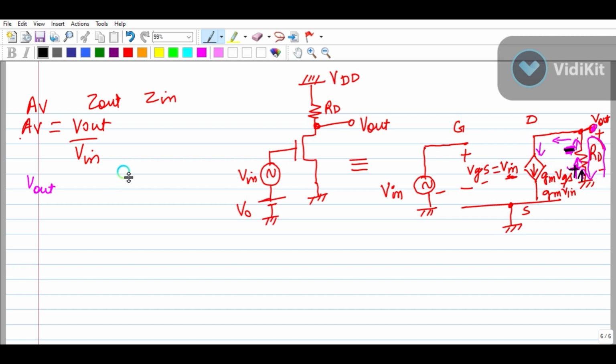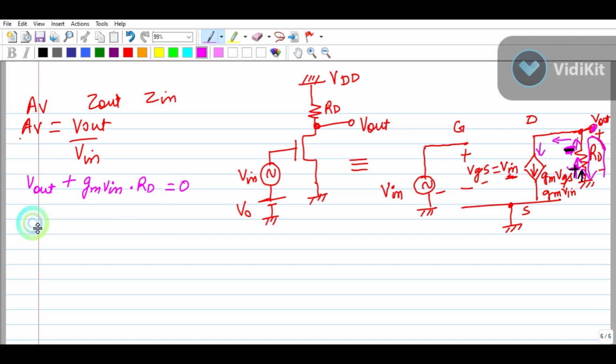Okay, so V out will be, then there we will go, so it will be plus, since minus is there, plus. And what is the current value? Current is gm V in, and the resistance is RD.